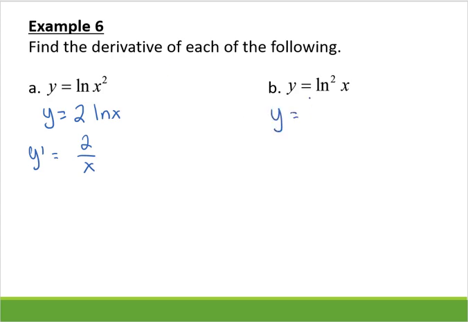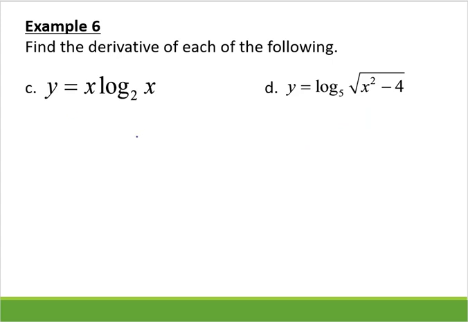B is really this, so I can't have 2 equal signs. I could bring down the 2, reduce the power by 1, times the derivative of the inside, which is 1 over x. So there is some simplifying you can do as you go along.